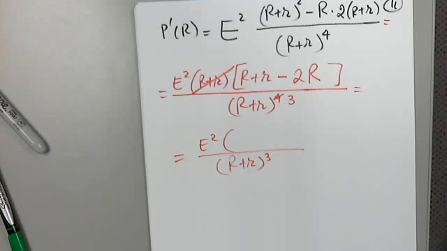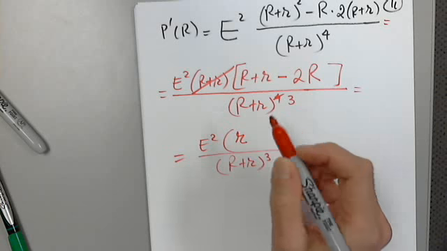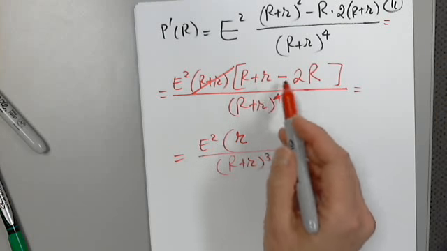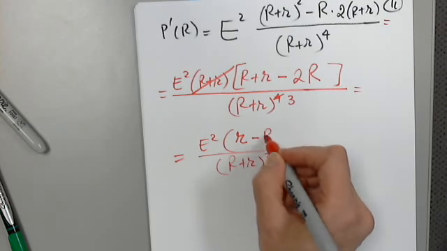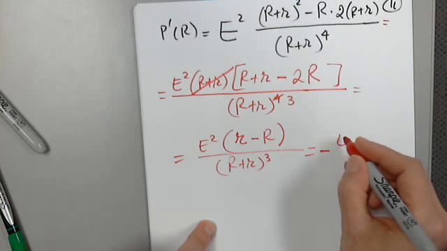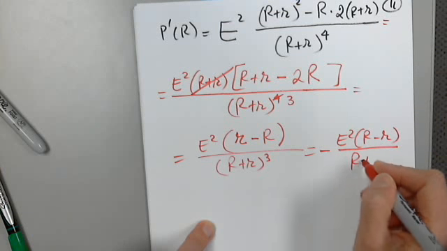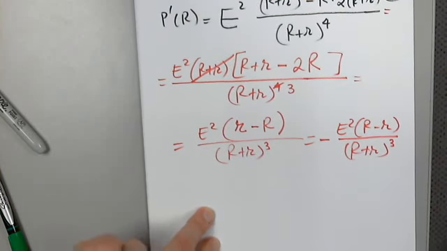R plus the little r, and then minus R. Of course, I prefer minus outside, E squared and R minus r, because I want everything in descending order and I don't want negative leading coefficients.